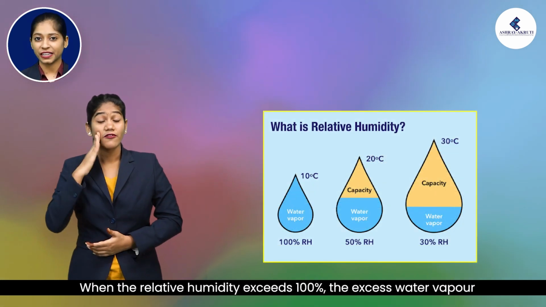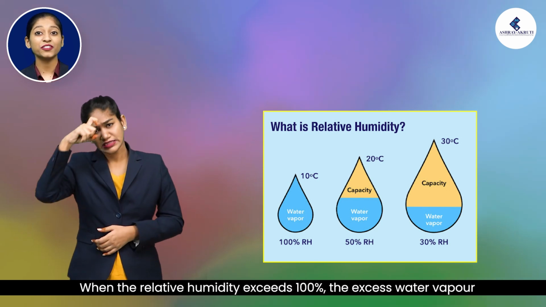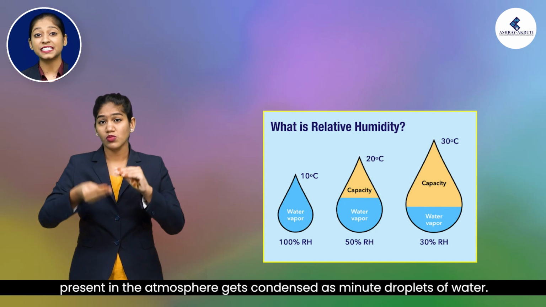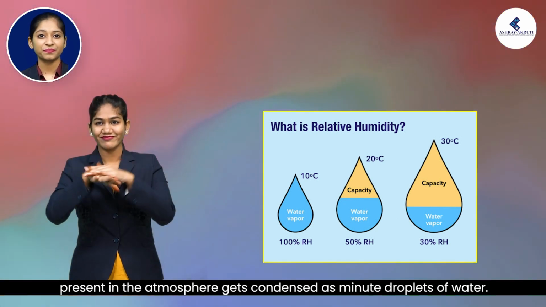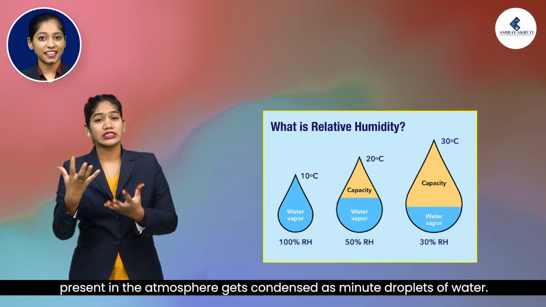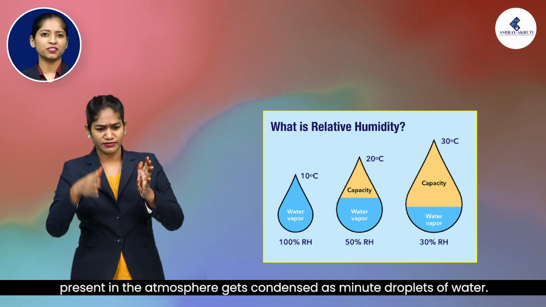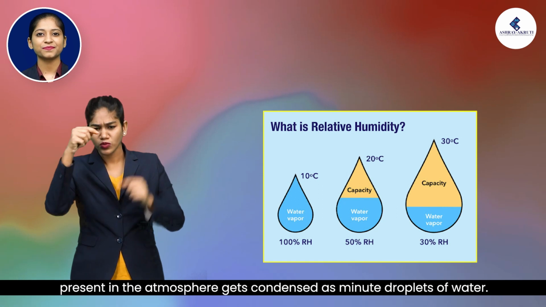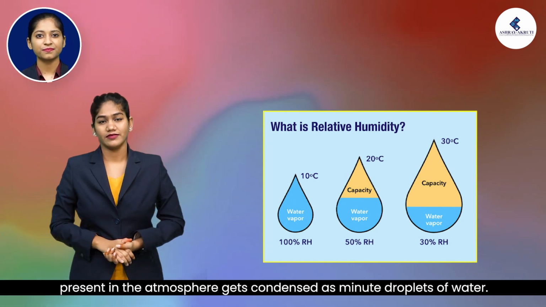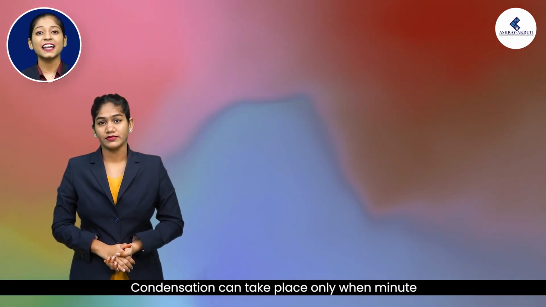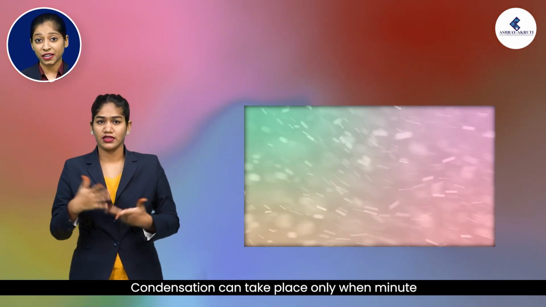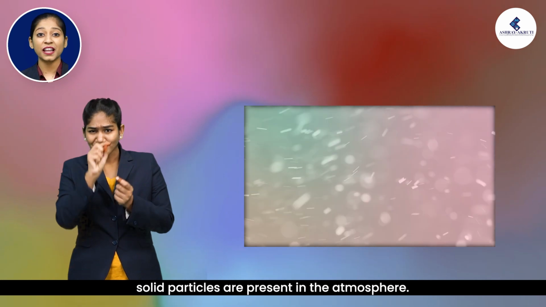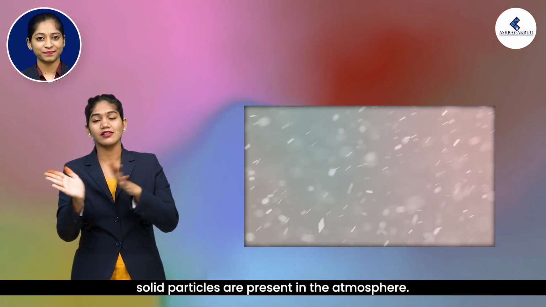When the relative humidity exceeds 100%, the excess water vapor present in the atmosphere gets condensed as minute droplets of water. Condensation can take place only when minute solid particles are present in the atmosphere.